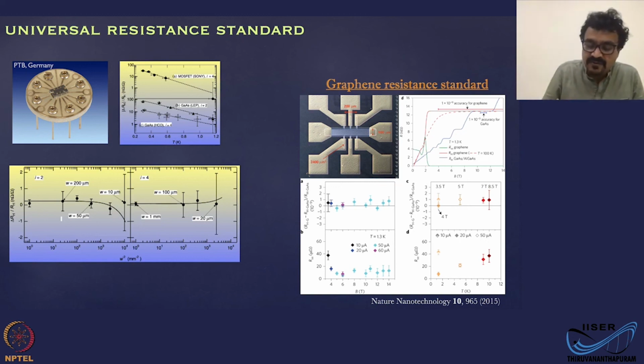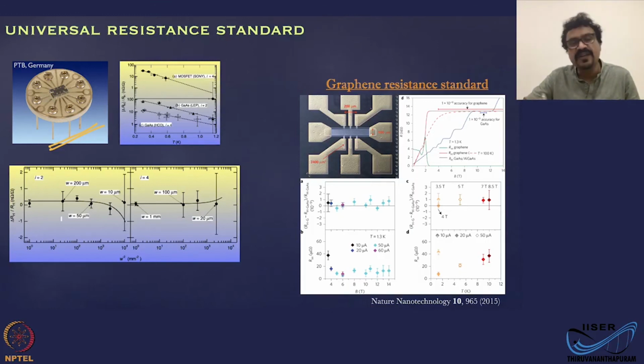So this is a picture of one of those samples. It's a gallium arsenide sample, but this has been done on various materials and verified across the world, across the countries, that this is such a robust phenomenon. And the plots here are the errors measured in these quantized values of resistance.